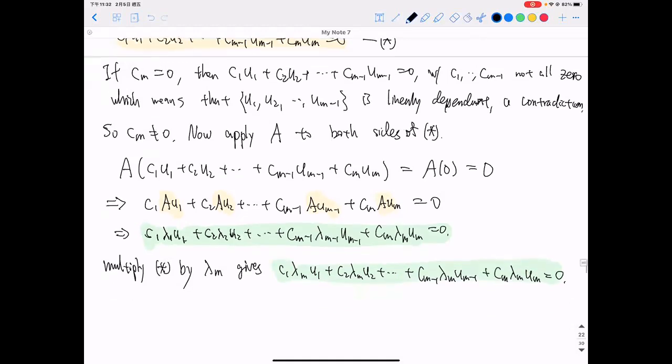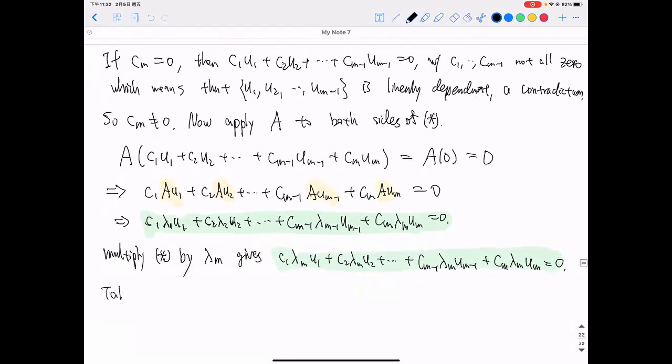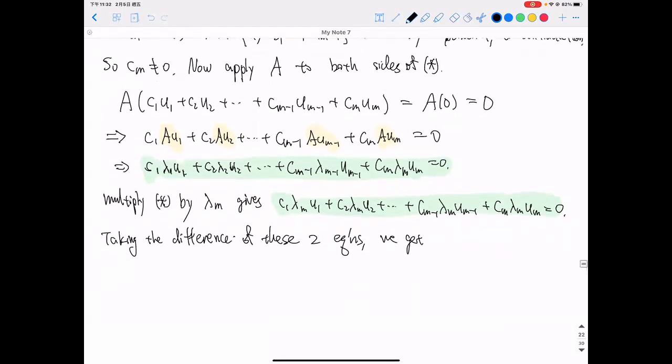Now taking the difference of these two equations, we get the following expression: C1 (lambda1 minus lambda m) U1, C2 (lambda2 minus lambda m) U2, up to C(m-1)(lambda(m-1) minus lambda m) U(m-1).